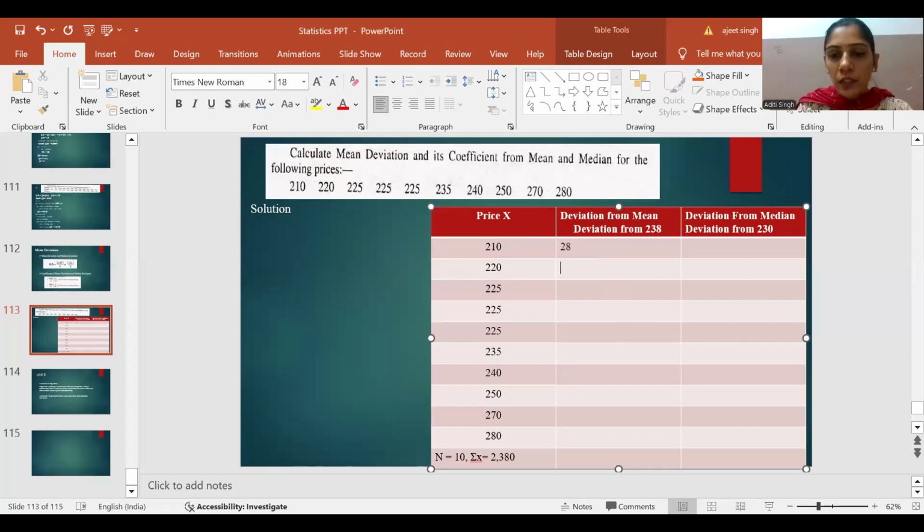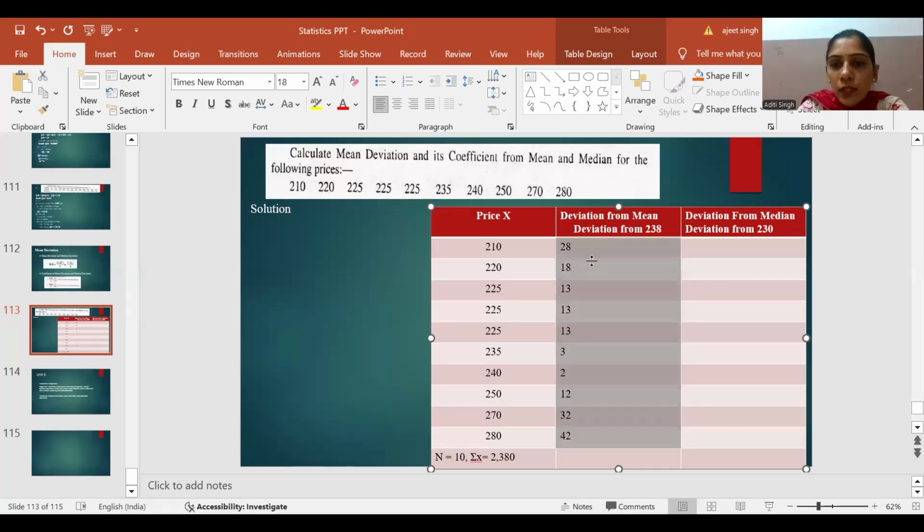After that, 238 and 220 is 18. Then 225 and 238 is 13, again 13, again 13, and for 235 and 238 the difference is 3, and here the difference is 2. There is a difference of 12, and 270 and 238, the difference is 32, and here the difference is 42. Okay, so this is how we calculate this.